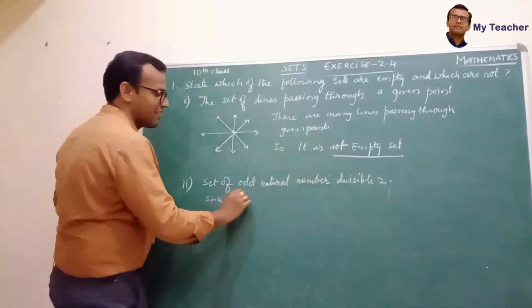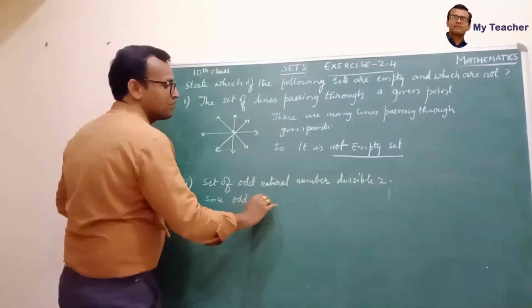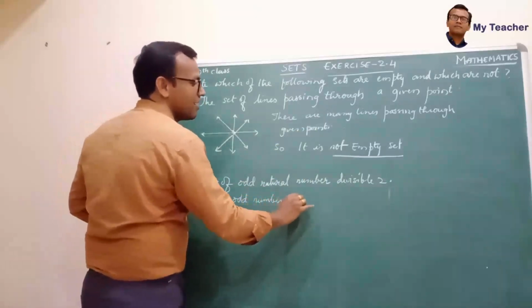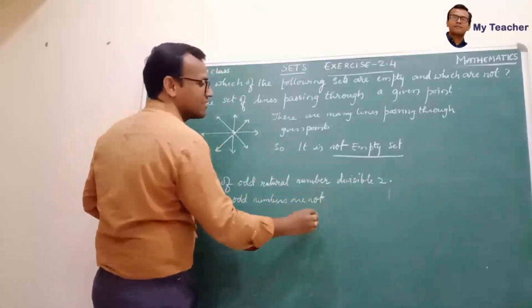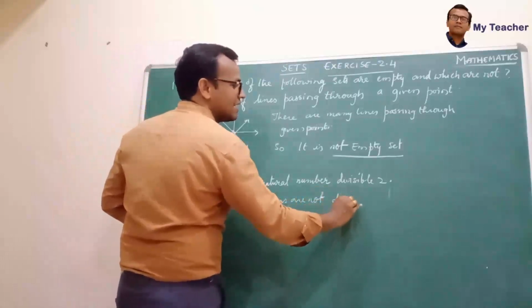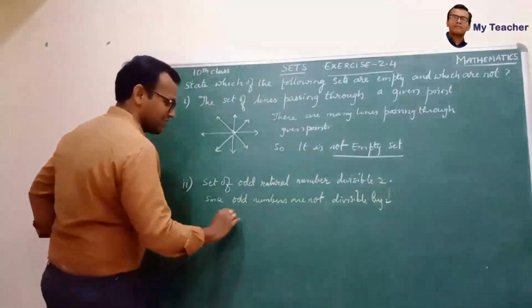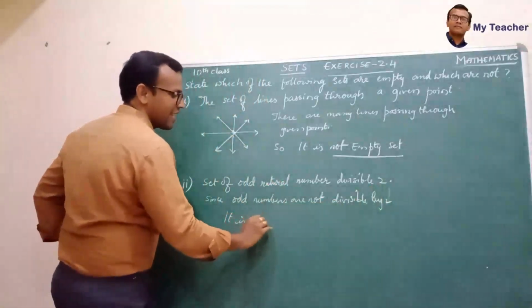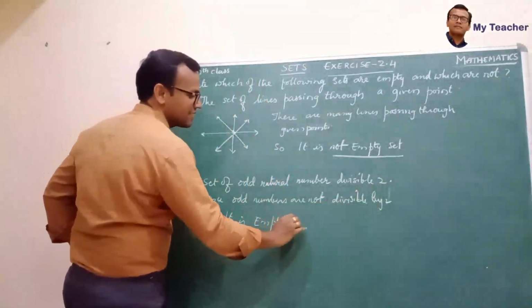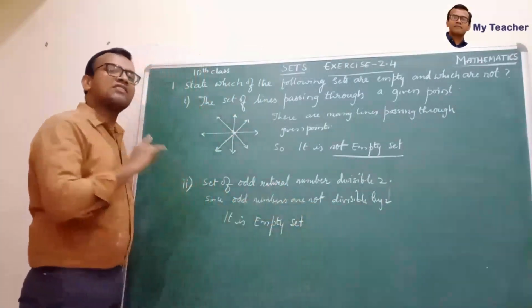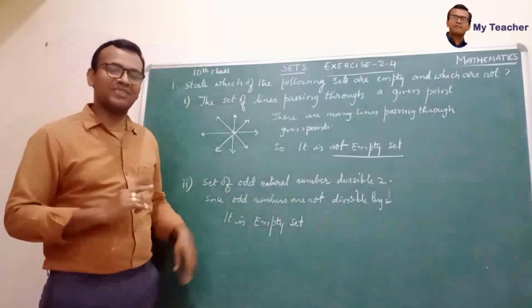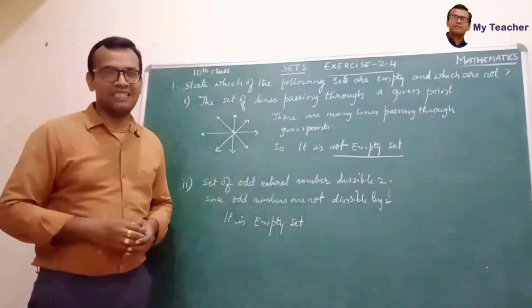Since odd numbers are not divisible by 2, it is an empty set. It contains no such element.